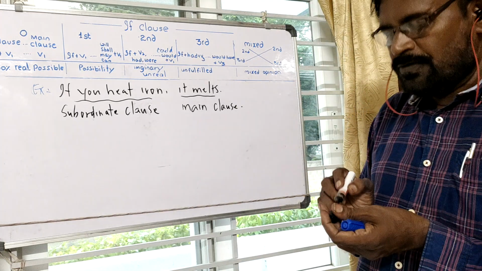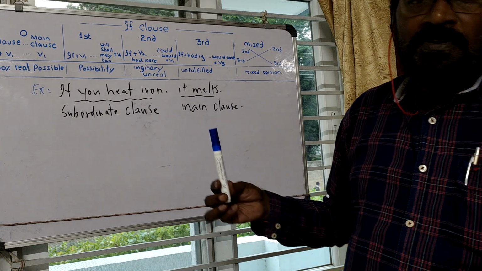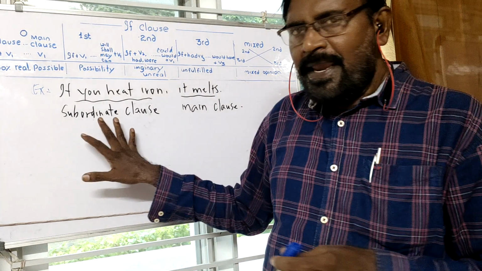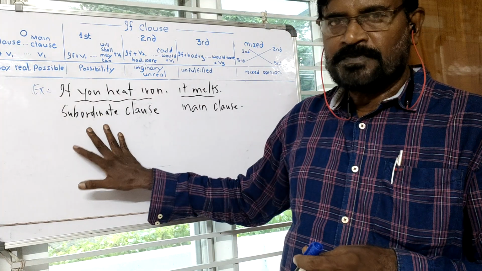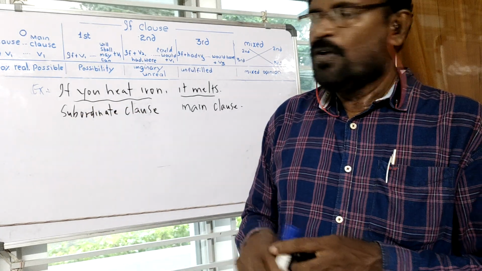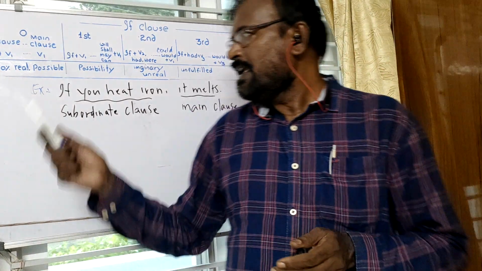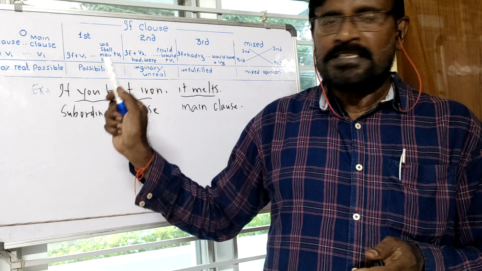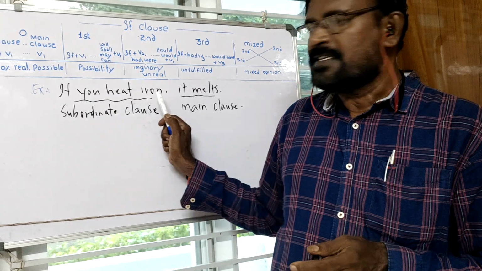Here we have to see the differences between a subordinate clause and a main clause. By identifying this sentence, we know what a subordinate clause is and what a main clause is. The subordinate clause: if you heat iron. This is the subordinate clause and it is a part of the sentence.